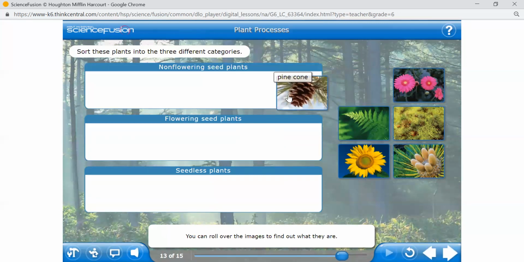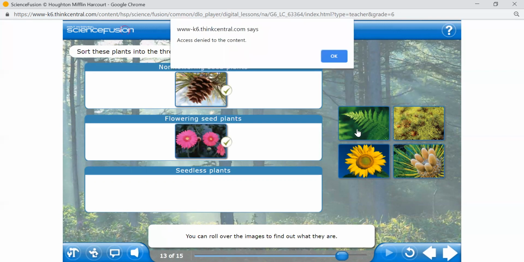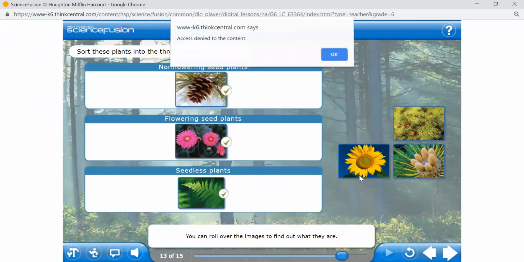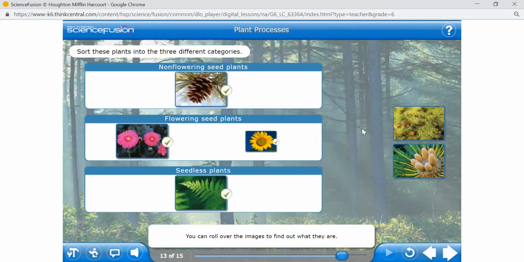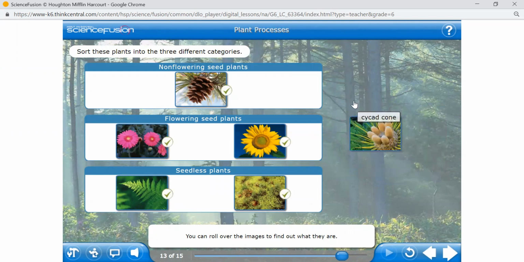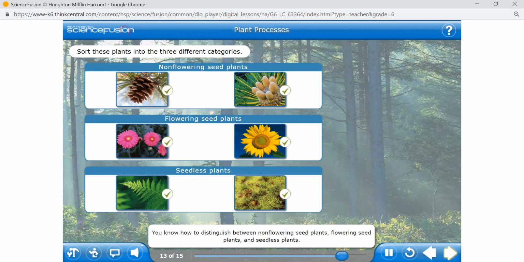Pine cone, non-flowering seed plants, flowering seed plants, seedless plants. Sunflower here, and then you have moss, a seedless plant again, and you have cone. Great job!